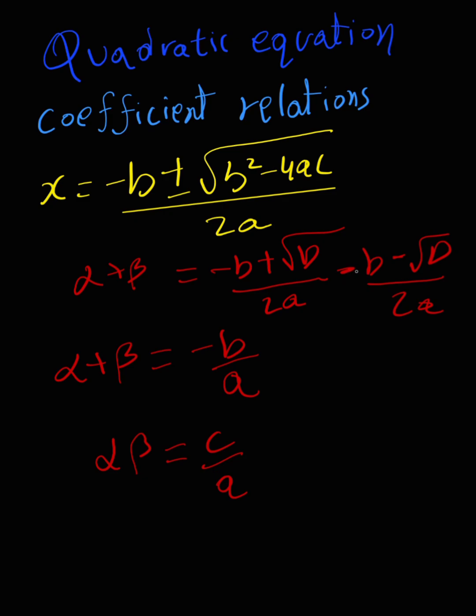This we can interchange, it doesn't really matter. Now this will get cancelled, this will get cancelled, and minus 2b upon 2a will remain. We cancel the 2s.